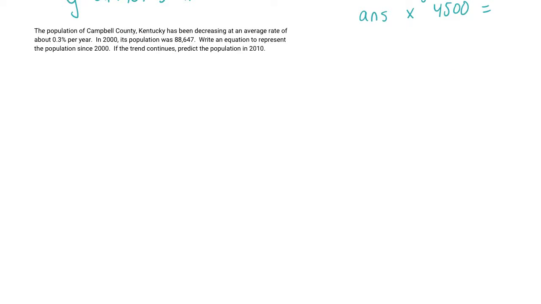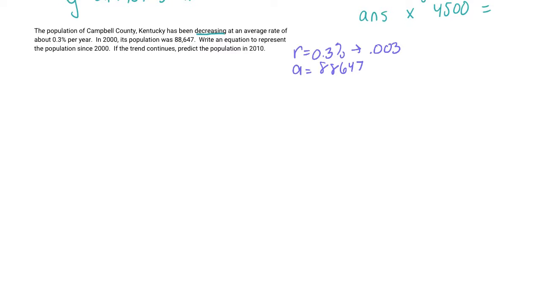All right, here we go. Campbell County, Kentucky is decreasing. That means anytime you see the word decreasing, that means exponential decay. At an average rate of, that means R, 0.3%, which turns into 0.003 for our interest rate. In 2000, its population, that's going to be our initial, was 88,647.